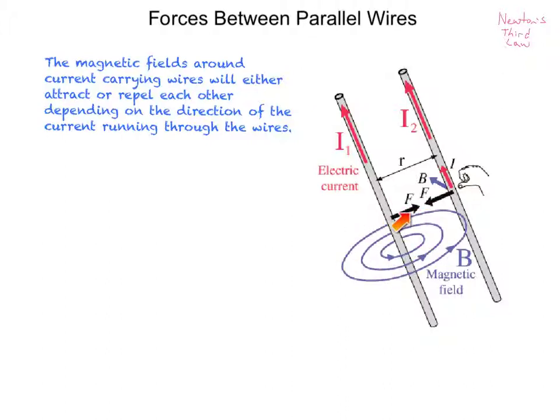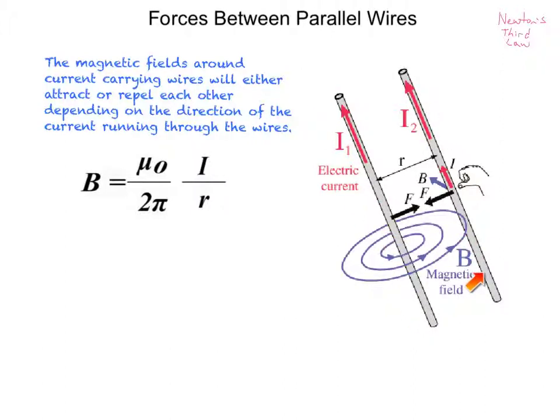If we want to know the magnitude of the magnetic field set up by wire 1, we're going to use this equation here that we have been calling buoy. Now, once we've figured out the magnetic field set up by wire 1, it's as though, as far as wire 2 is concerned, there's just some magnetic field over here. It could be like we've stuck a magnet next to wire 2.